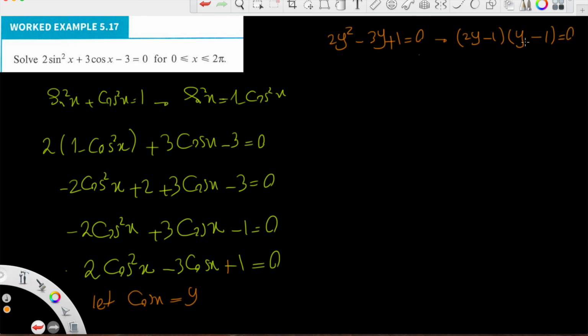Let me check: 2y squared minus 2y minus y plus 1. Yes. So you have two answers. y is equal to 1 over 2 and y is equal to 1. So we have found y so far.